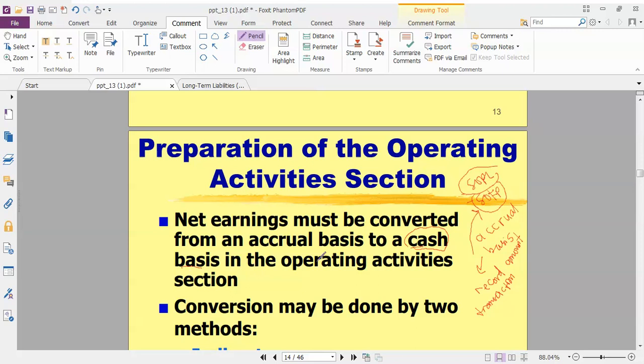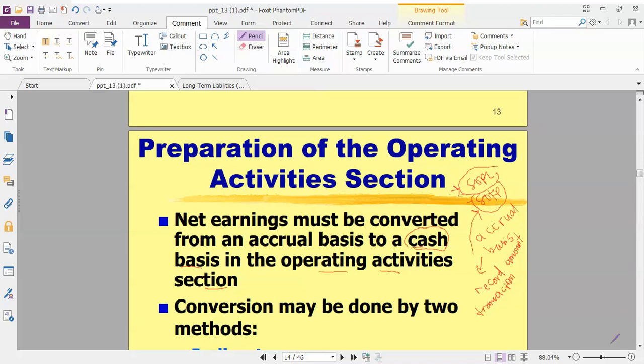Whatever amount we get from the operating activity section, we must put under the statement of cash flow, so the net earnings that we get from SOPL and SOFP must be converted from accrual basis to cash basis.